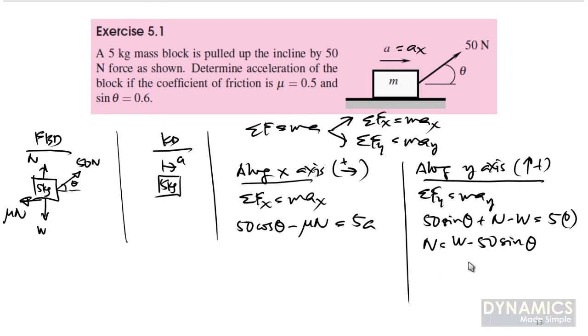Okay, once we have this, we can substitute this equation into equation number 1. So we'll have 50 cos theta. Now we have the option of calculating the angle theta, or instead of doing that, just use the information given here. Normally I will be using the information given.